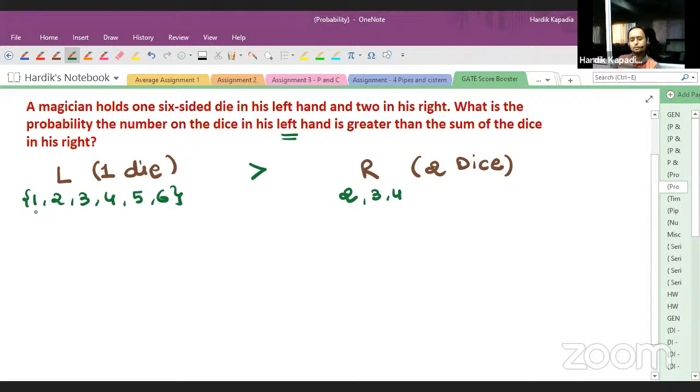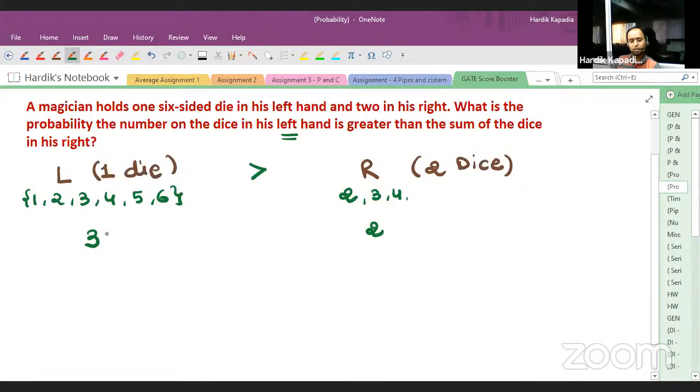So for this, it has to be 3 first, and over here it needs to be 2. Then only the left hand side is greater than the right hand side.